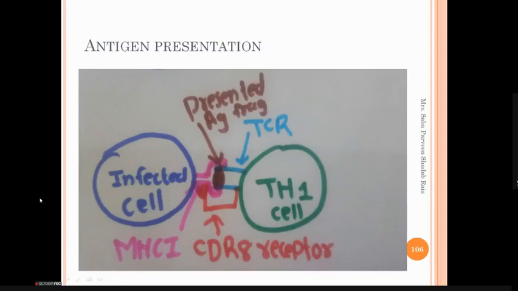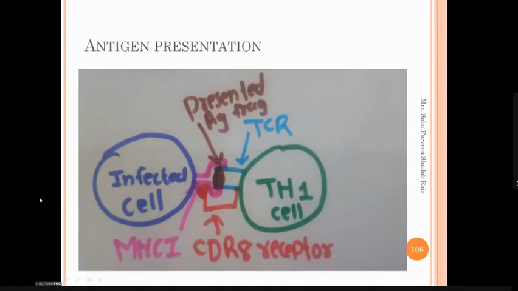So what is going to happen? Once again, we will revise the case of antigen presentation. The cell has been infected either with the pathogen or a pathogen product. Thereafter, this pathogen product is flagged on the surface of that infected cell with the help of the MHC1 molecule. Then this MHC1 molecule waits for the TH1 cell. The TH1 cell has come and it will check whether the part presented by the infected cell is antigen or not.